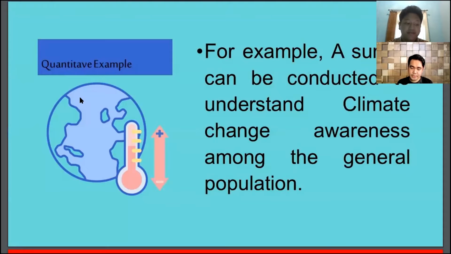Such a survey will give in-depth information about people's perception about climate change, and also the behaviors that impact positive behavior. Such a questionnaire will enable the researcher to understand what needs to be done to create more awareness among the public. That's our example for a quantitative example.